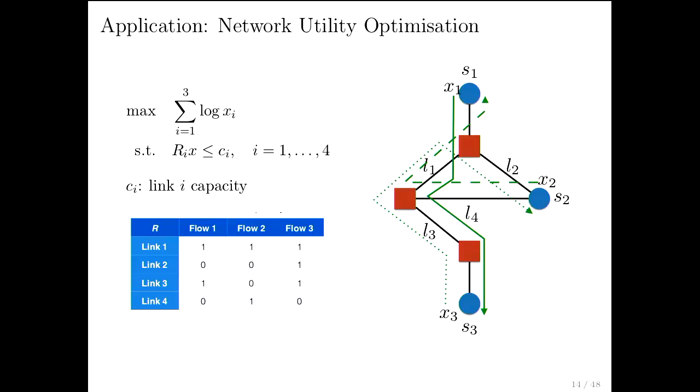Now, if I want to enforce the capacity constraints, what does it really mean? It means, for instance, the sum total of flow of this dotted flow and the solid line flow that goes through this link should be less than the capacity of link 3, right? So I can write it down like this.